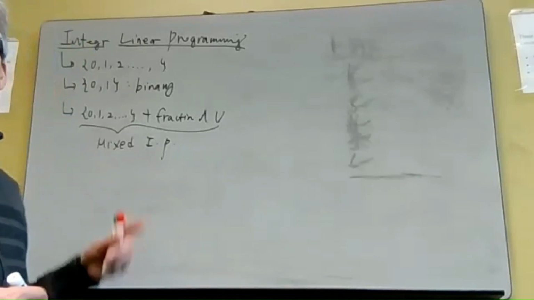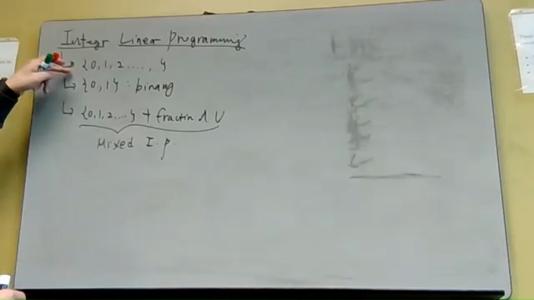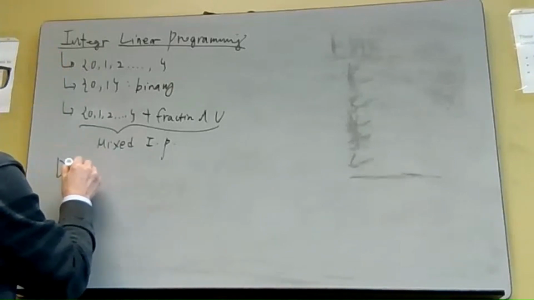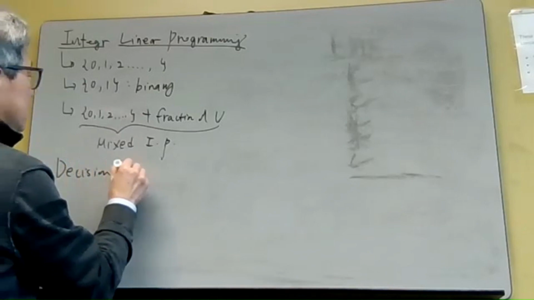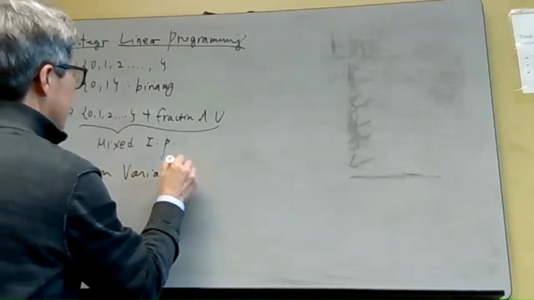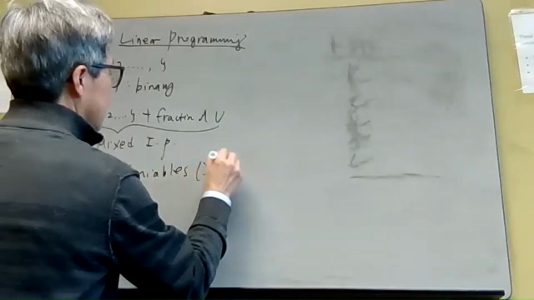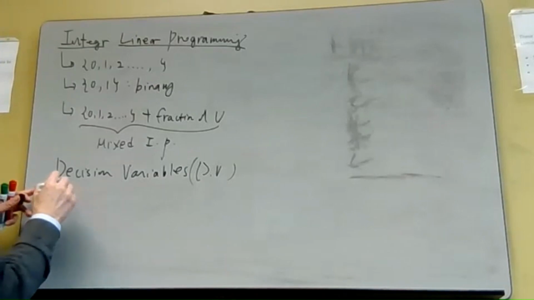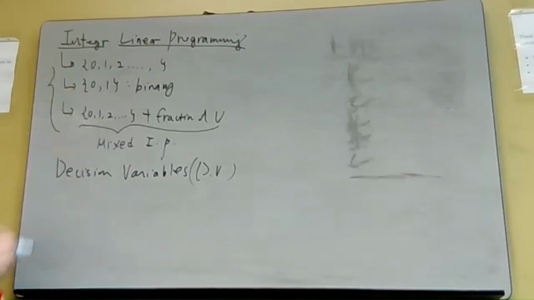Okay, so when one or more of the decision variables in a linear programming problem must assume integer values, we have an integer linear programming problem.